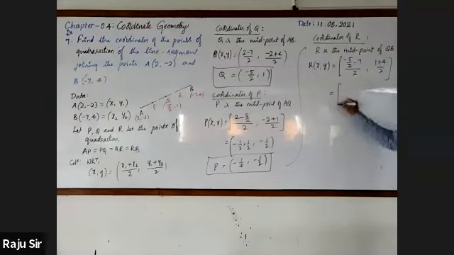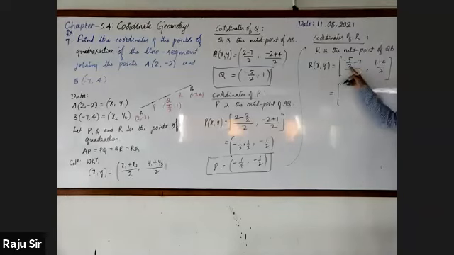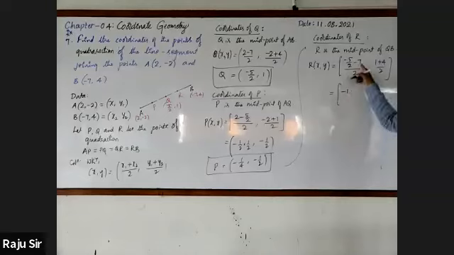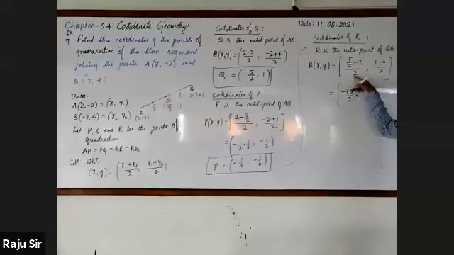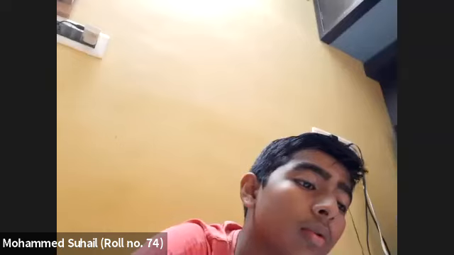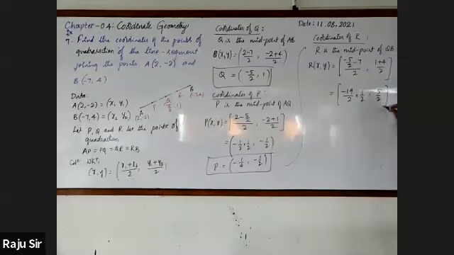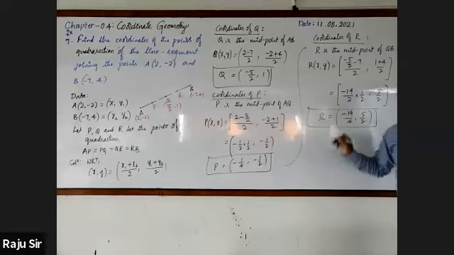It is equal to, numerator simplify, LCM is 2. 2 sevens are 14, minus 5 minus 14 is minus 19. Minus 19 by 2 into 1 by 2, the reciprocal of the denominator. Then y is 5 by 2 into 2, that is 5. This is equal to (-19/4, 5). These are the coordinates of the point R.